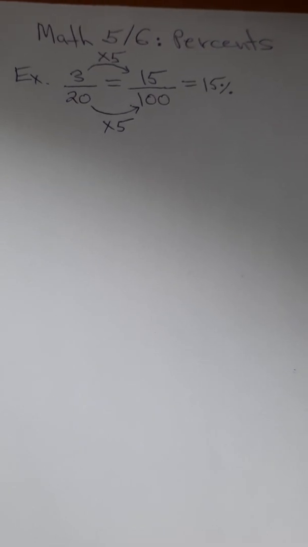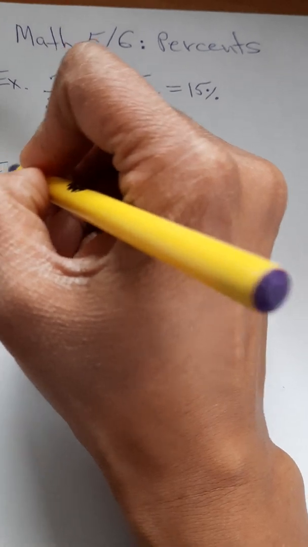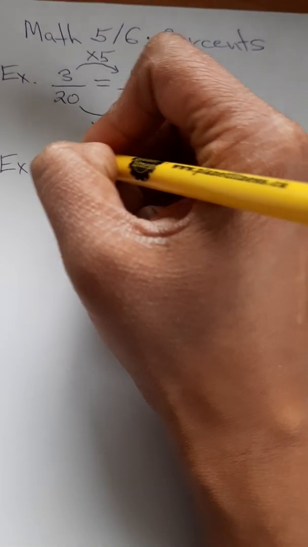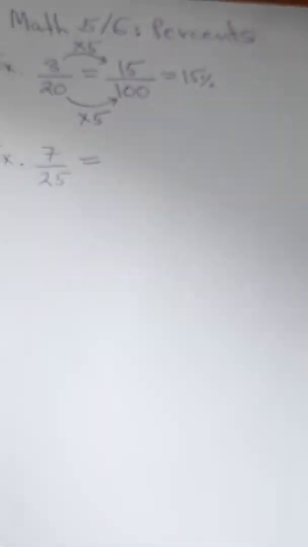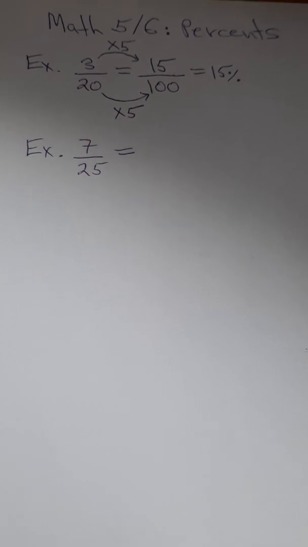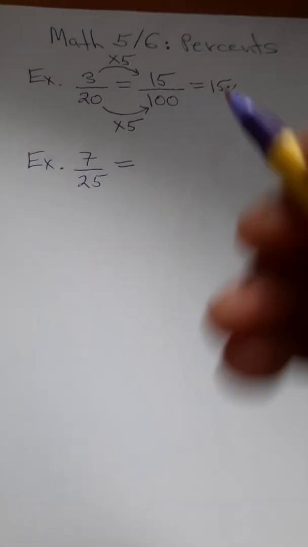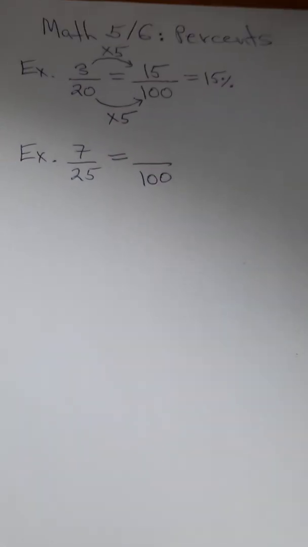Does everyone see that? Let's try one more here. Let's put the examples going down. This time, we're going to change the denominator. So 7 over 25, and I want to change this into a percent. You can see that I'm doing this without using a calculator. The denominator should always be 100.